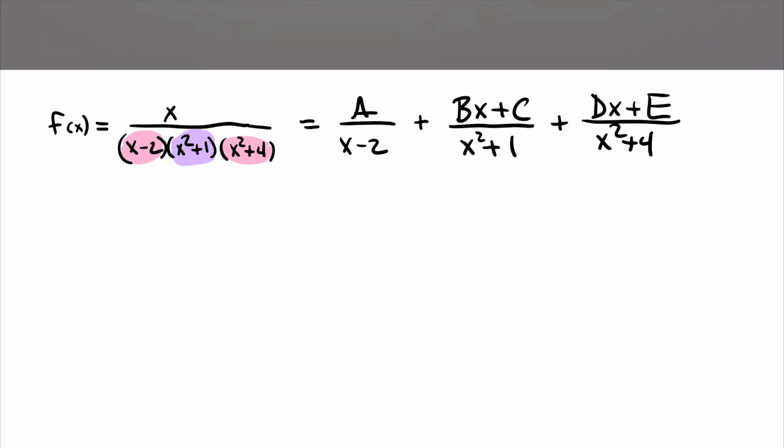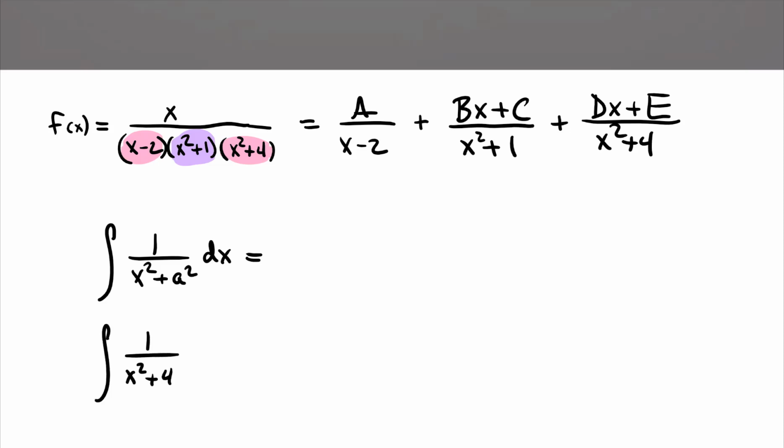And just a little bit of help for you before we get into it. For some constant, okay, so for example, maybe this is 1 over x squared plus 4. Maybe we end up with this. I just want you to know, here's the general form up top.